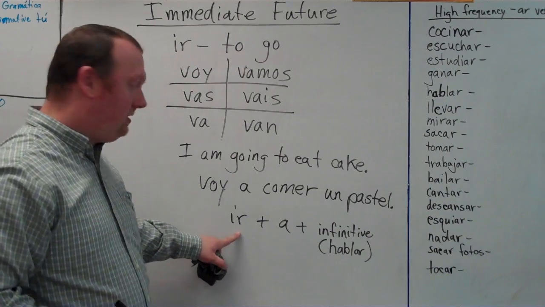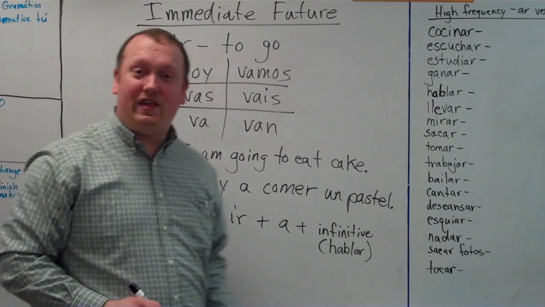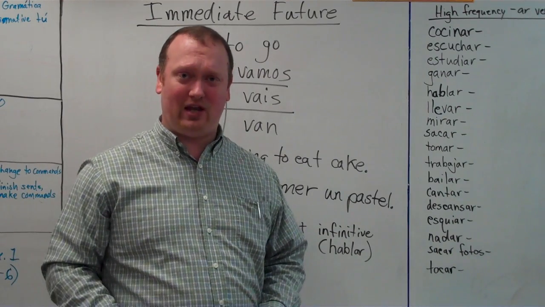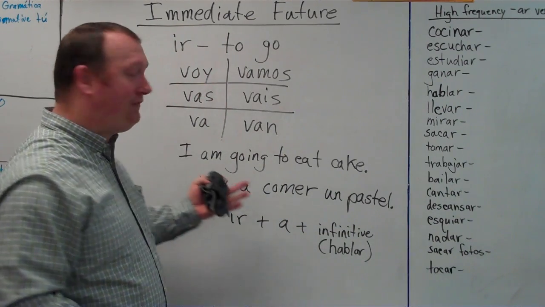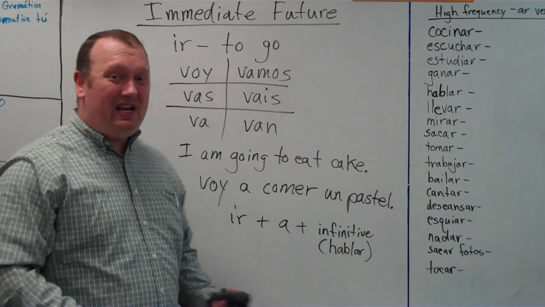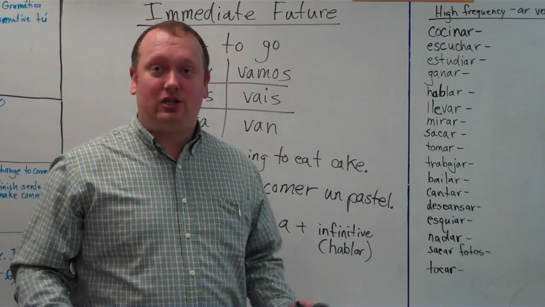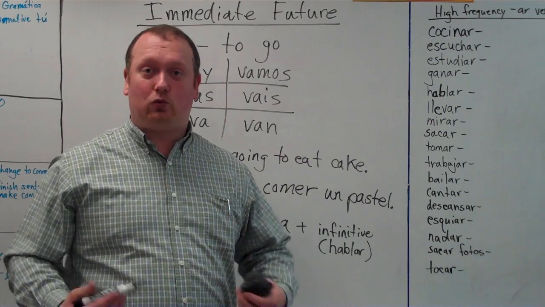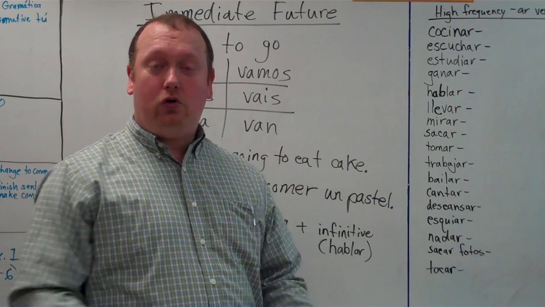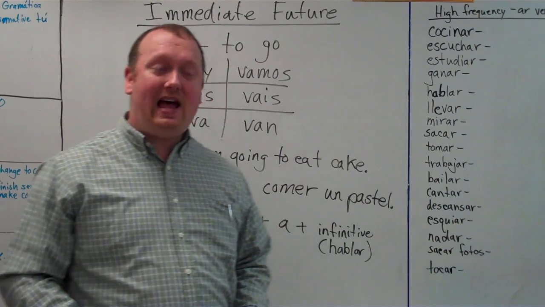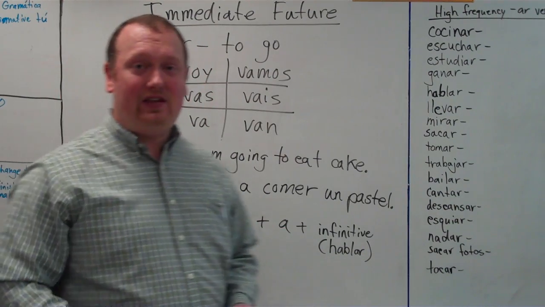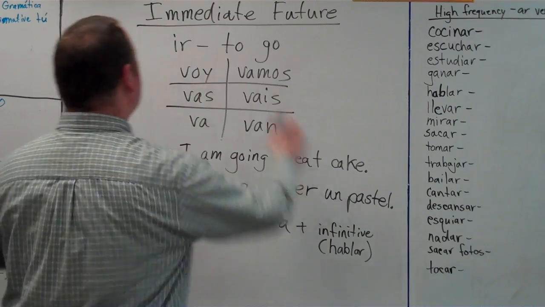So, ir plus a plus an infinitive, like the verb hablar or comer or escuchar, for example. So this is how we would form the immediate future tense, which in English is I'm going to do something. Well, there's another future tense, the regular old simple future tense, and that uses endings. So let me erase this here and we'll talk about the simple future tense.